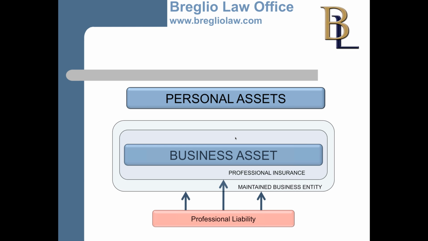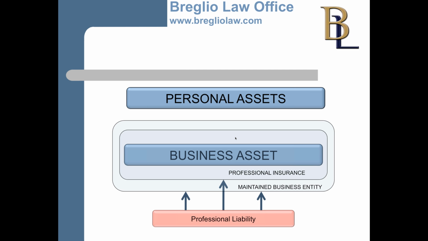So the way we protect these business assets is through a maintained, properly set up business entity that provides protection. Professional insurance, we always recommend insurance, and that will help protect those business assets from professional liability.